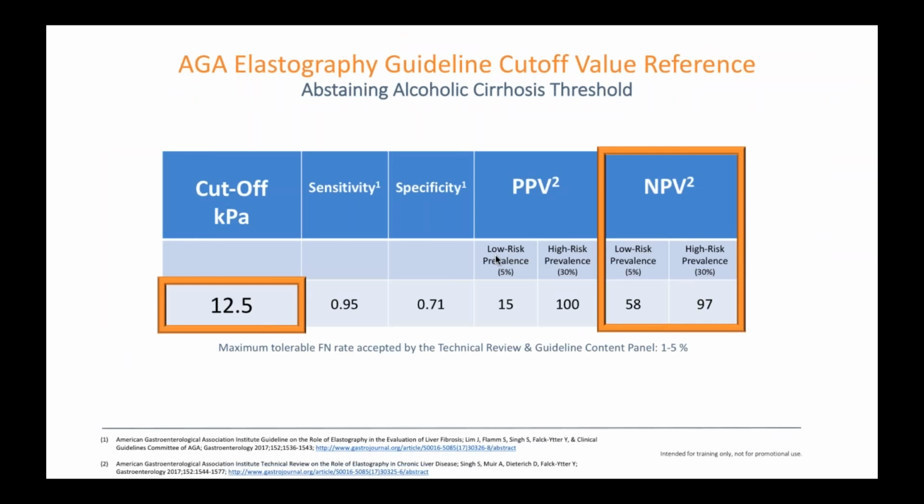So again, there you see the value on the current slide of 12.5 as the threshold value for cirrhosis, but that value is only legitimate if the patient is abstaining.